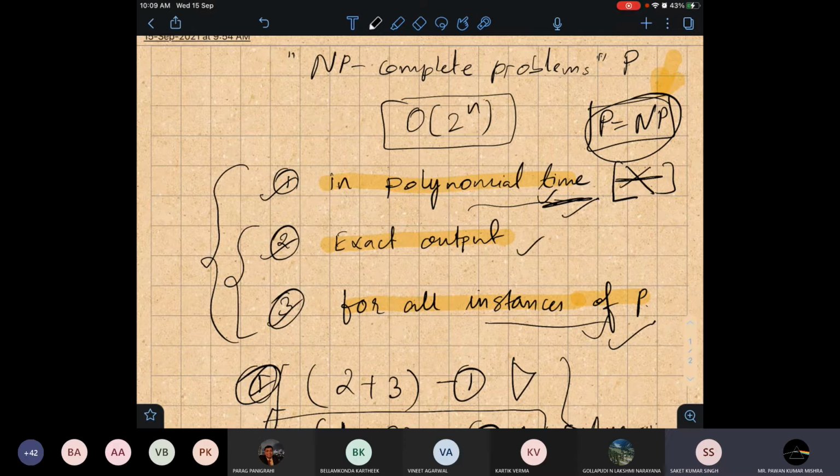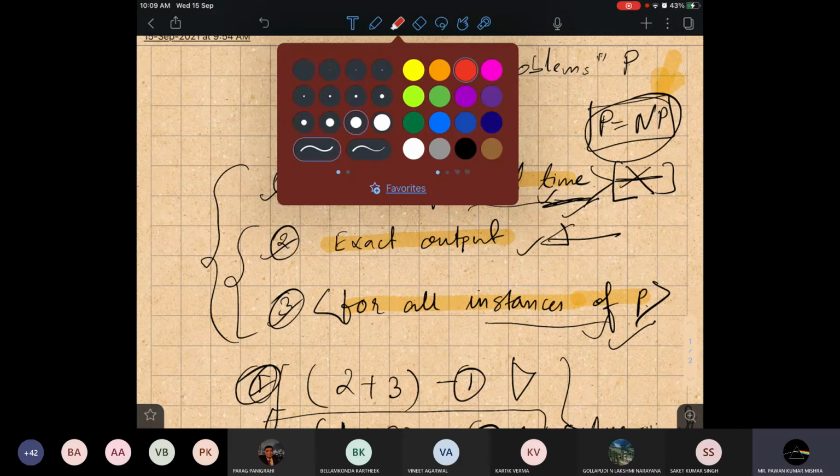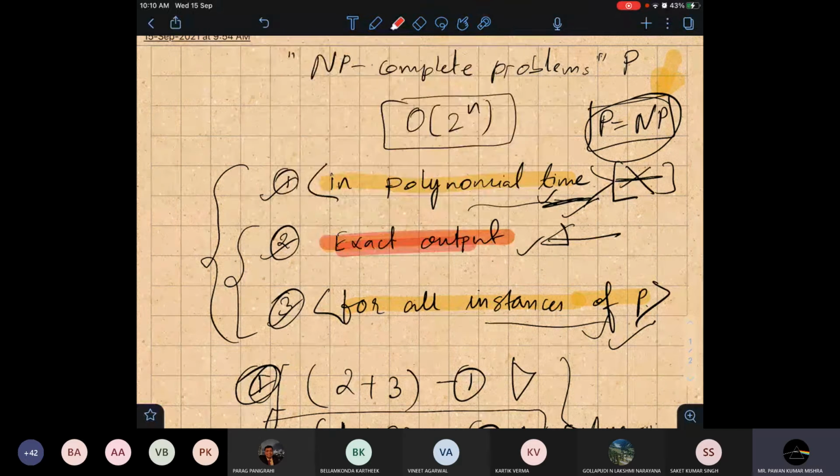We need to take two out of three. If you take the first and third into account, then we have to leave out the second criterion. First of all, you have to understand why we cannot take all three.